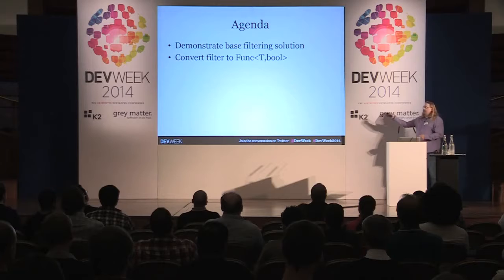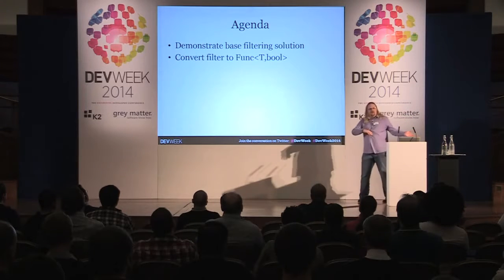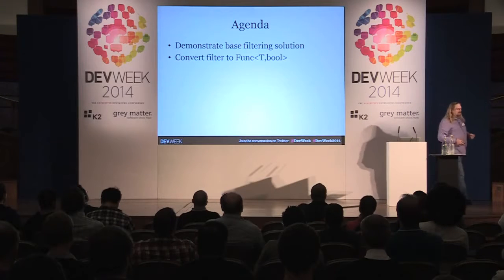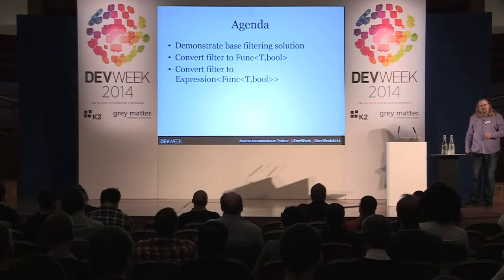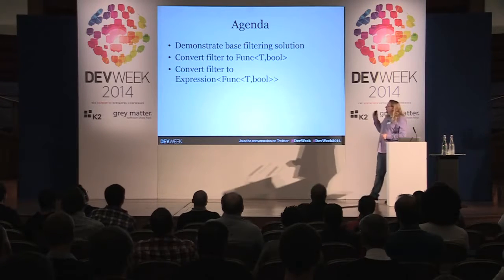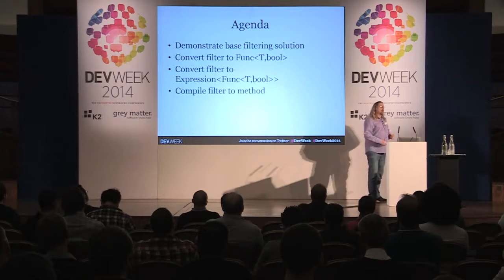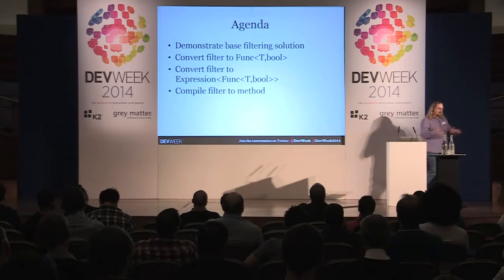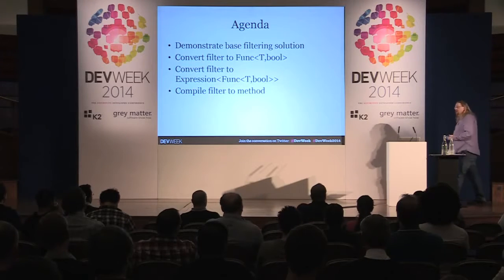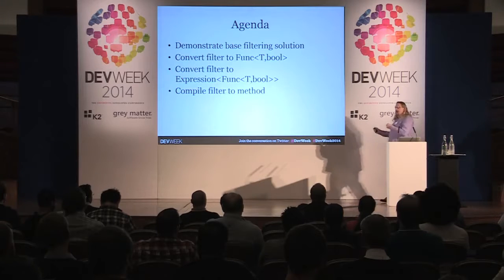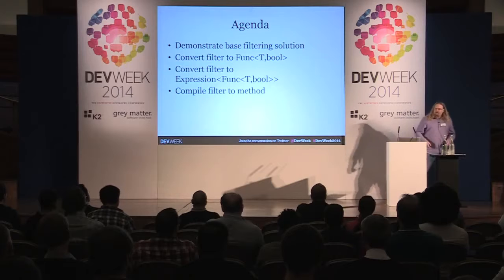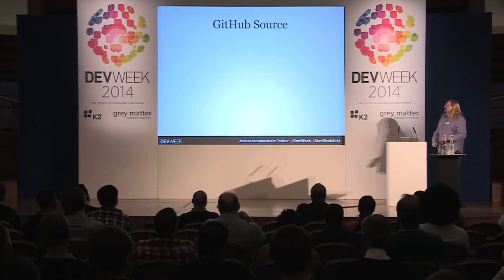We'll then take the filter pattern and transfer it into functions, so a Func of T. From that, we will transfer it into an Expression of Func T. Then we'll look at compiling the filter to a method. So we will be using the strategy pattern to build code, compile it, store it on the file system, and then retrieve it later on and use it. We'll walk you through the steps to get there.